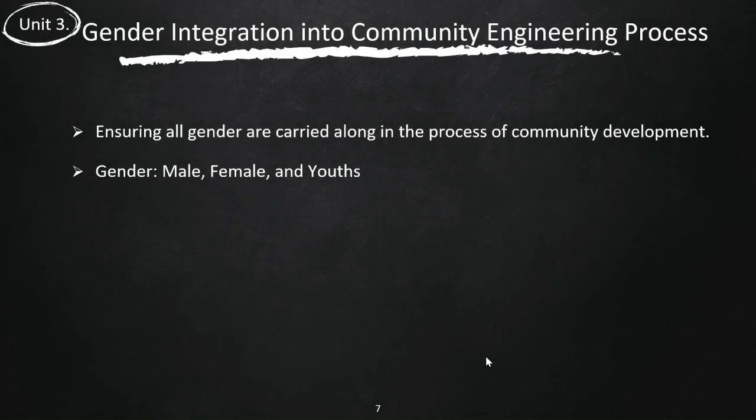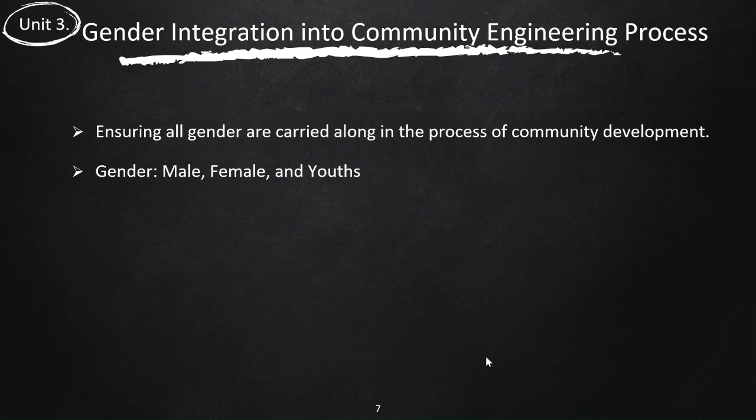But quickly, I'll take Unit 3, which is gender integration into community social engineering process. There's not much to say about this except that we need to consider gender when doing the process of social engineering, that's the community engineering process. We have to ensure that everybody is carried along, not just the leaders alone, not just the males alone, not just the females, but everyone in the community, which are represented by these three categories: the males, the females, the youths.